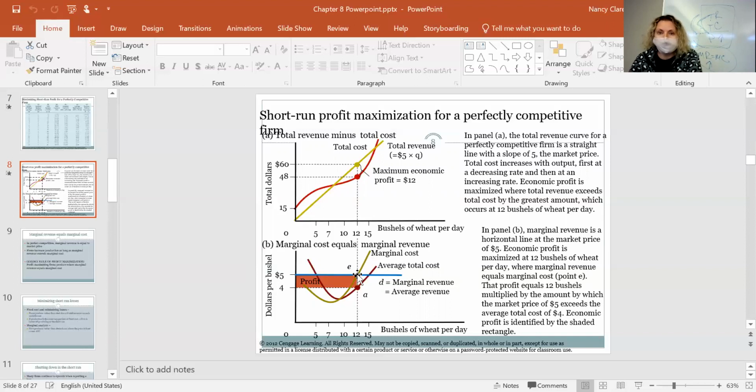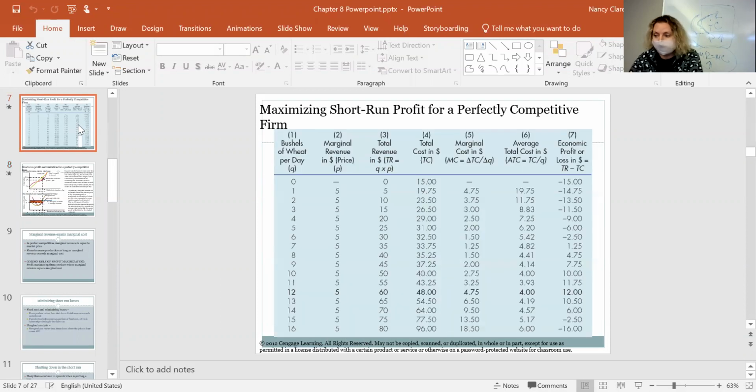You have this point of intersection. If you were to then travel perfectly vertically down to your x-axis, which holds your quantities on it, you would be able to see that 12 units was your profit maximizing quantity. Well, you actually already knew that because you saw this chart, and we talked about it.